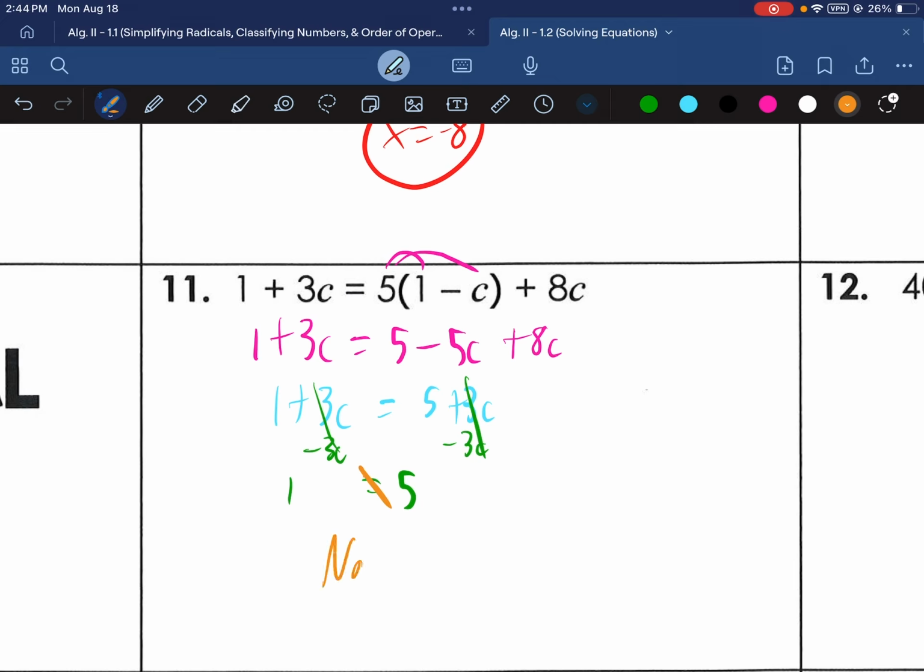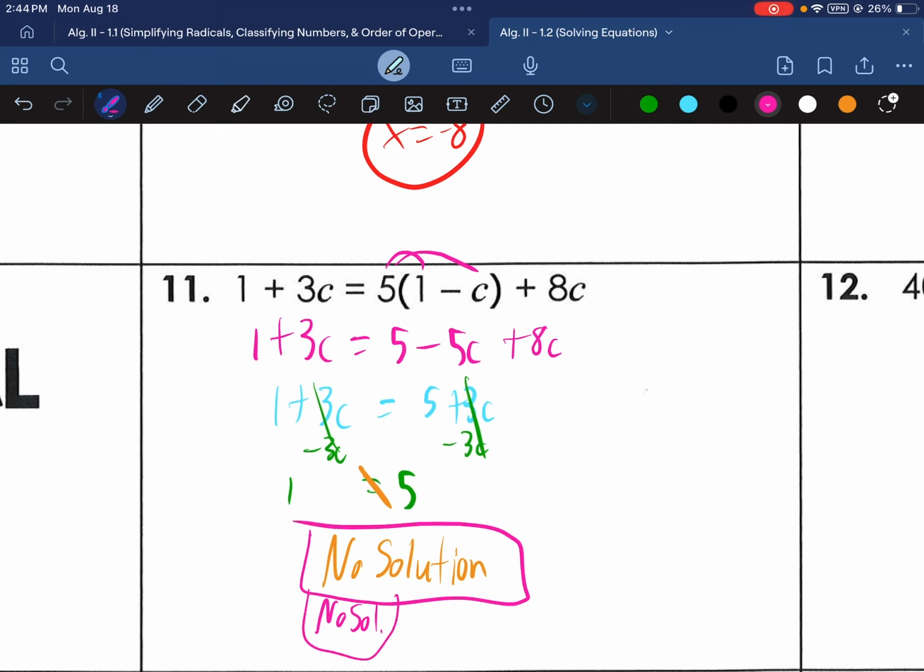1 does not equal 5. So we say there is no solution, which you can abbreviate to just no SOL. And I don't care which way you write it, whether you write out solution or you abbreviate it.